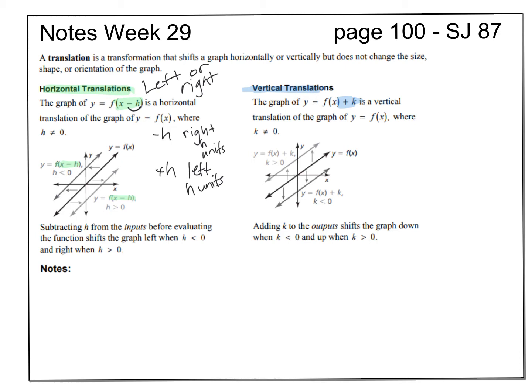I want to show you some examples of horizontal transformations. So to the left is horizontal, to the right will be vertical.